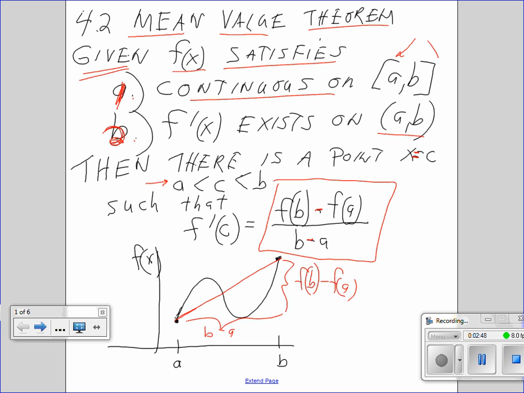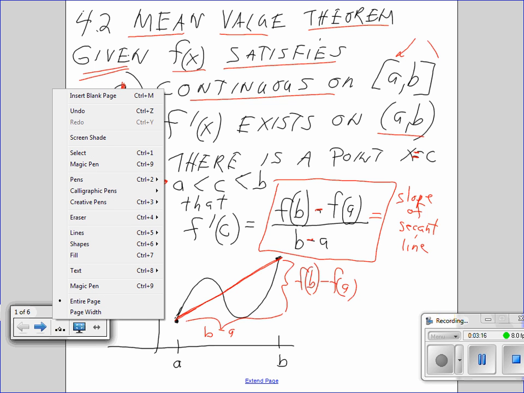So this is equal to the slope of the secant line. And what this says is that if you satisfy the conditions, there has to be a point C. There exists a point x equal to c where the derivative is equal to that.